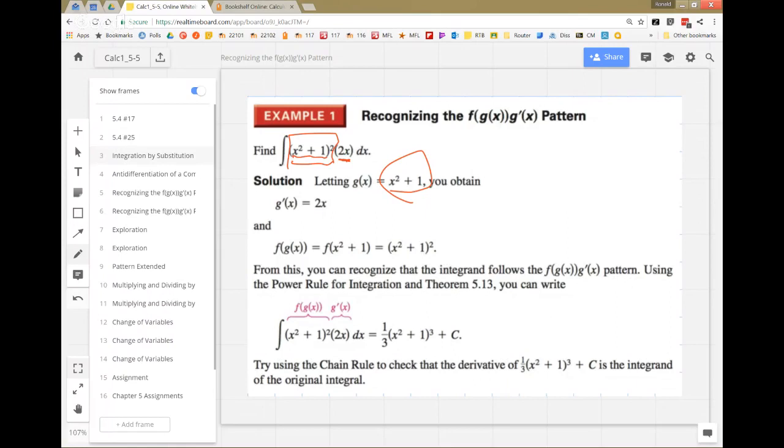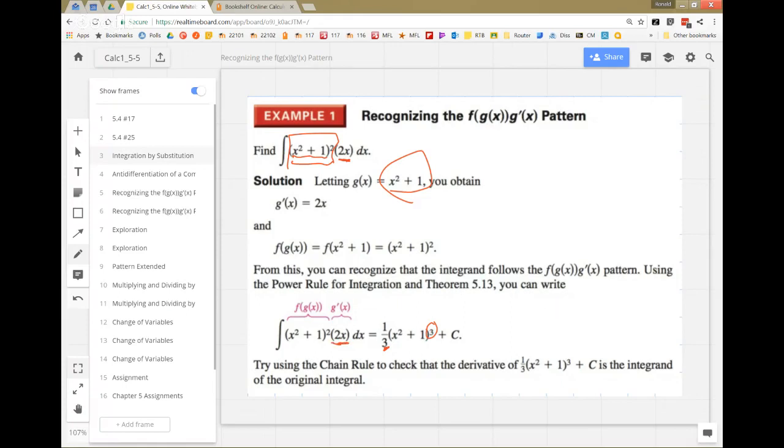Raise the power by 1, which is down here. See how they raise the power by 1 to the cube, and then they divide it by 3. Okay, so that's nothing new. The process is not new. The problem is you need to recognize that the chain rule is already in operation with that 2x being there.